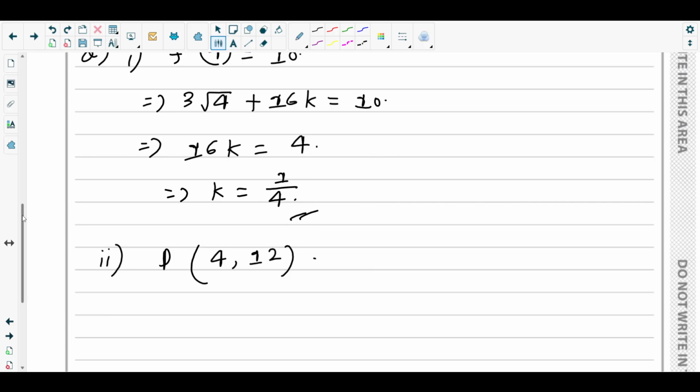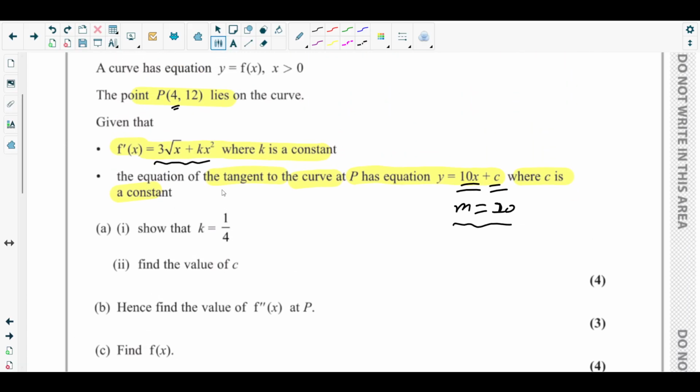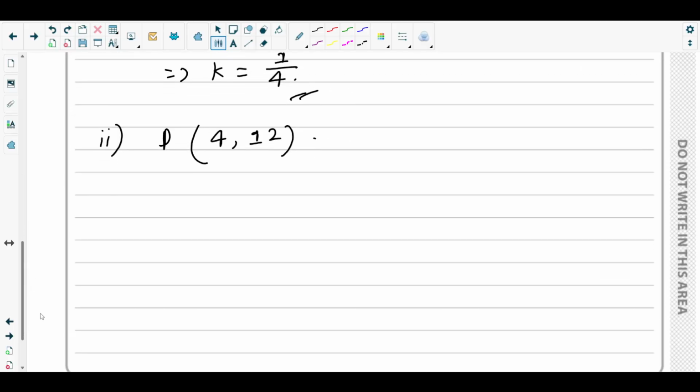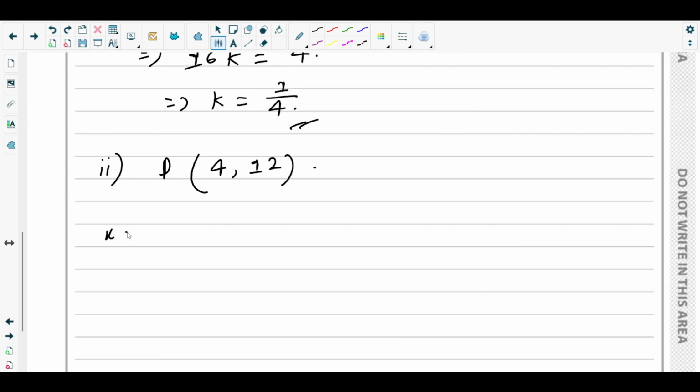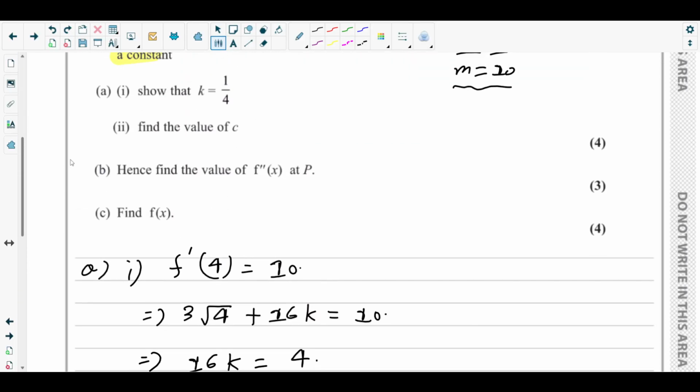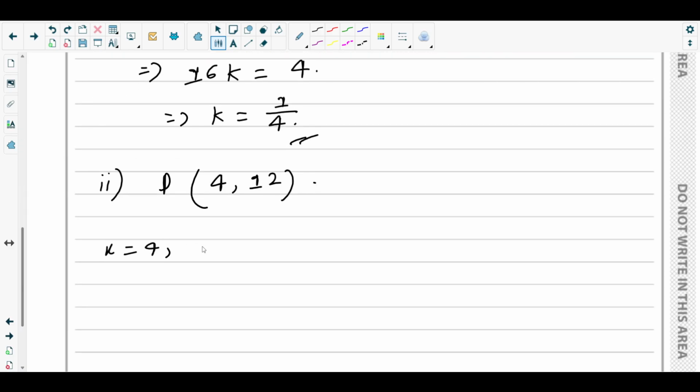So point P is a point on the curve C, and the tangent is at the point P. That means the coordinates of point P will also satisfy the equation of the tangent, because point P lies on the tangent also. So we can just put x equals 4 into the equation of the tangent, so that we get 10 times 4 plus c equals 12.